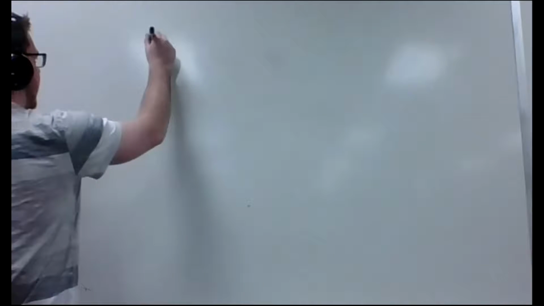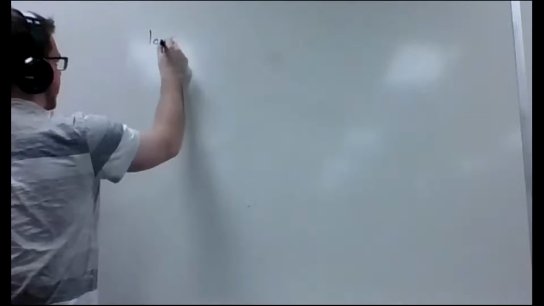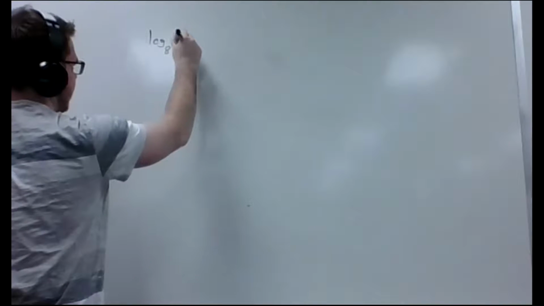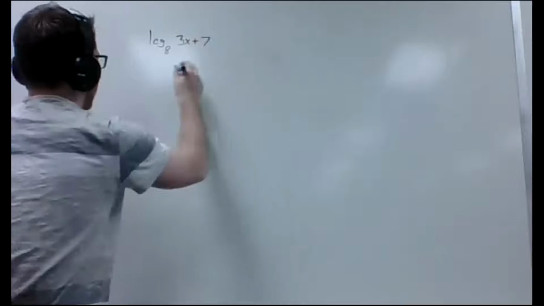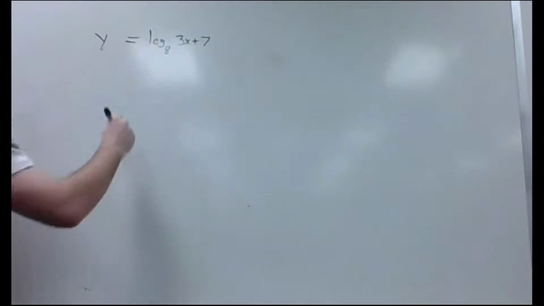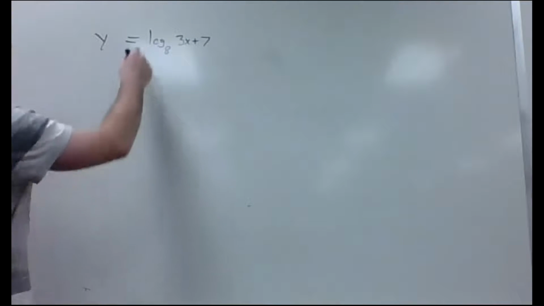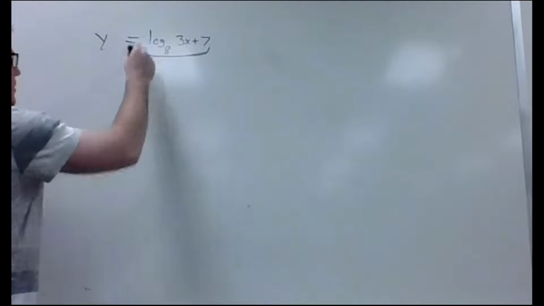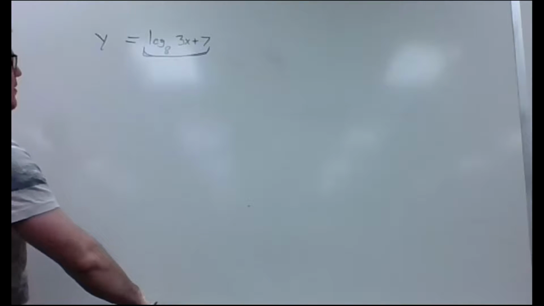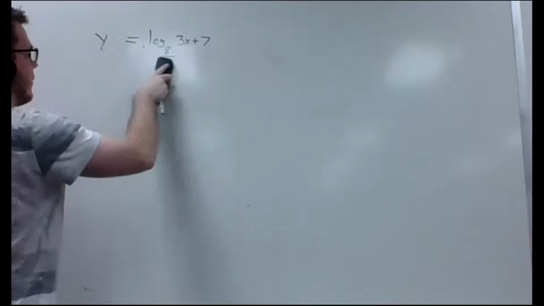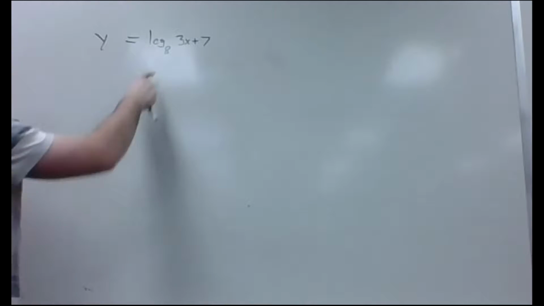Derivative-wise, the first one that I thought would be useful is the change of base formula. If we have something like a log of some base, and we take the derivative of this, we don't really have rules for an arbitrary base, or a base that doesn't match what we have.